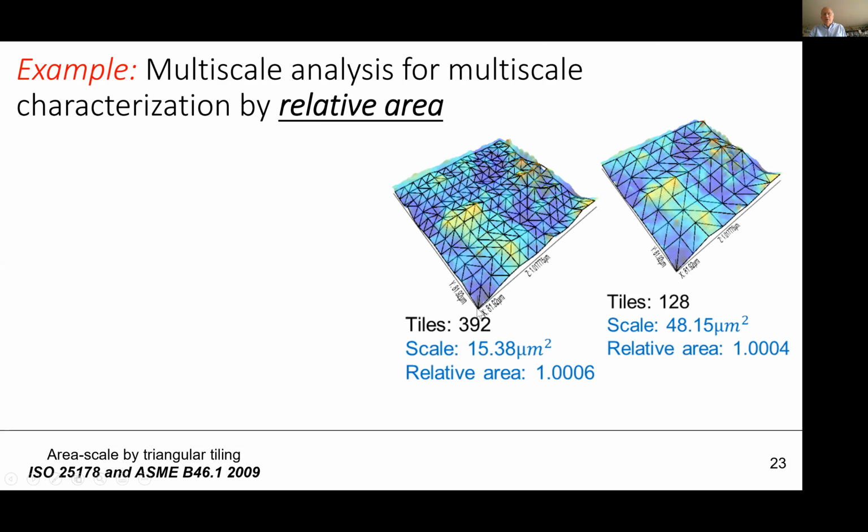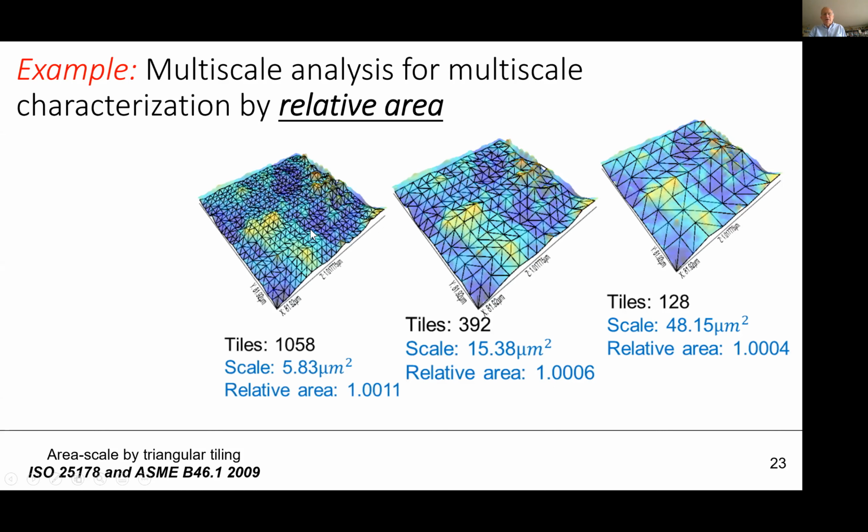This is a measurement with finer and finer tiles, and we can see that the number of tiles, of course, goes up as they get smaller, but it goes up by more than it would if it were a smooth surface. So the relative area tells me, in this case, I've now got 0.11% more area than I had, well, almost, anyway.